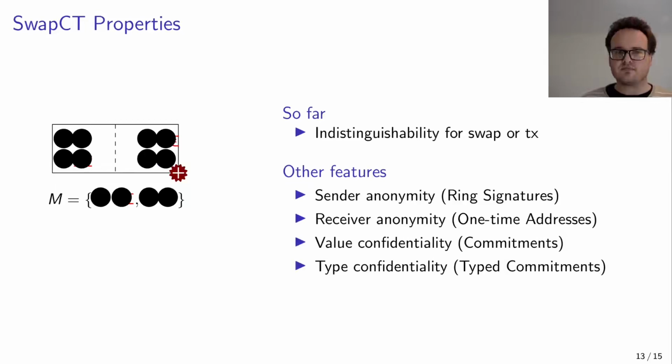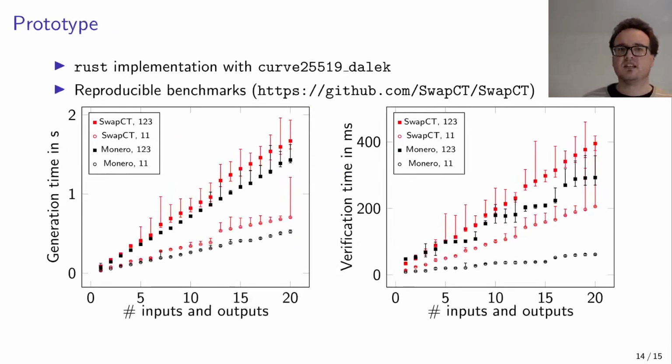To show that it's actually applicable, we implemented it, not only the bulletproof timing measurement, but we tried to get a full transaction system, so we can say, here is a transaction, please verify, with these reference inputs.